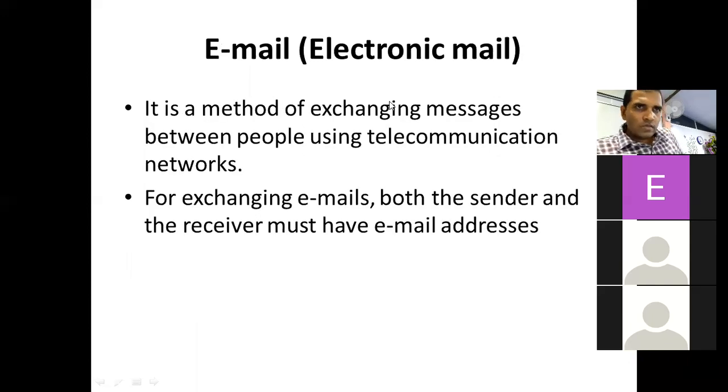Then come to the last part, which is electronic mail. I already gave a brief introduction to email. What is email? Exchanging information through the internet in an electronic manner, right? Generally, mail means exchanging information, right? So sending a post or sending a letter through post is mail, right?